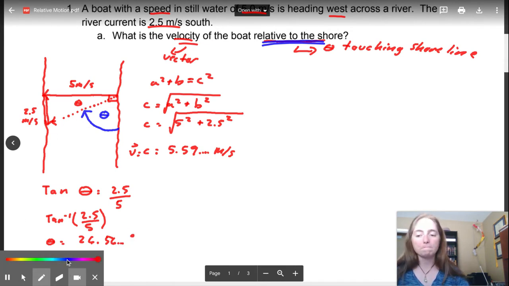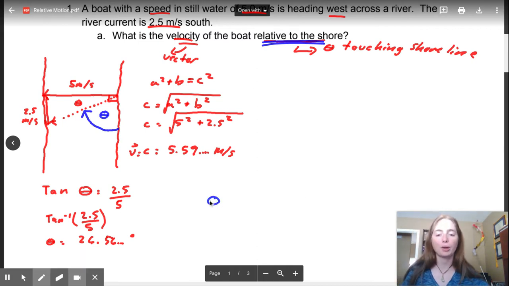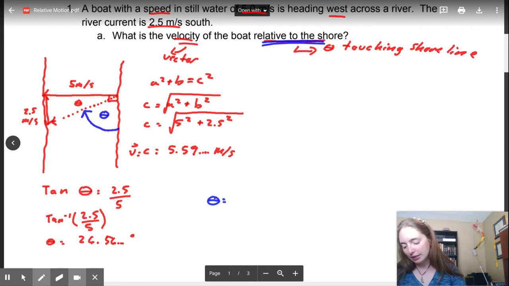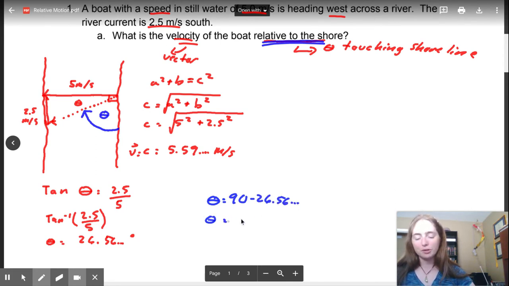Now remember, that's red theta. Blue theta is what I am looking for. Okay, so blue theta is going to equal 90 minus that answer. So 90 minus 26.56 ... That is going to give me the lovely value of 63.4349 ... degrees. All right.